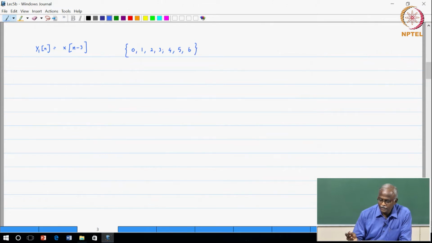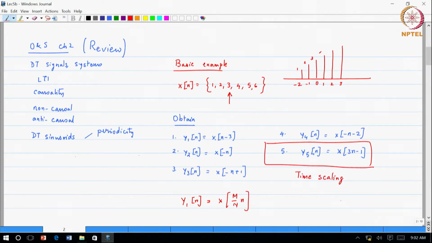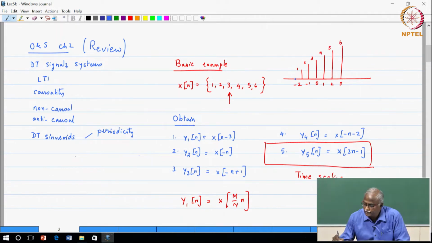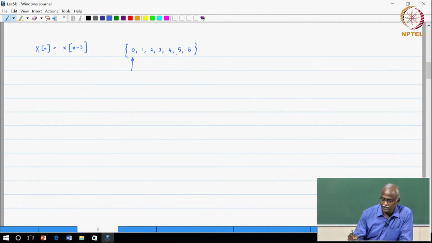The origin has moved three places to the left. The sequence had 0 valued samples here. Now it moved from 0 to minus 3. Minus 3 is where the origin now lies. So that is the sequence for sequence number 1.